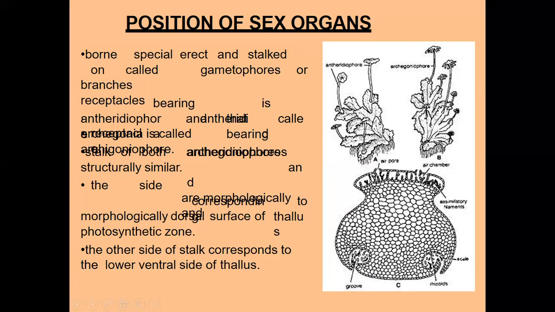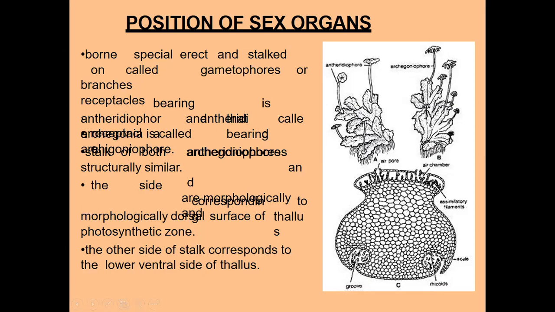This is another important characteristic feature of Marchantia: male and female reproductive organs developing on the receptacle. We call them stalked sexual organs. In no other bryophytes do you come across this.